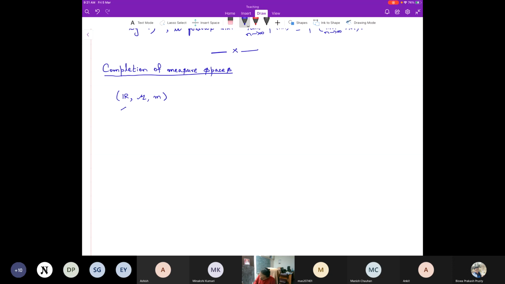So suppose that E belongs to M and F is contained in M with m of F equal to 0.